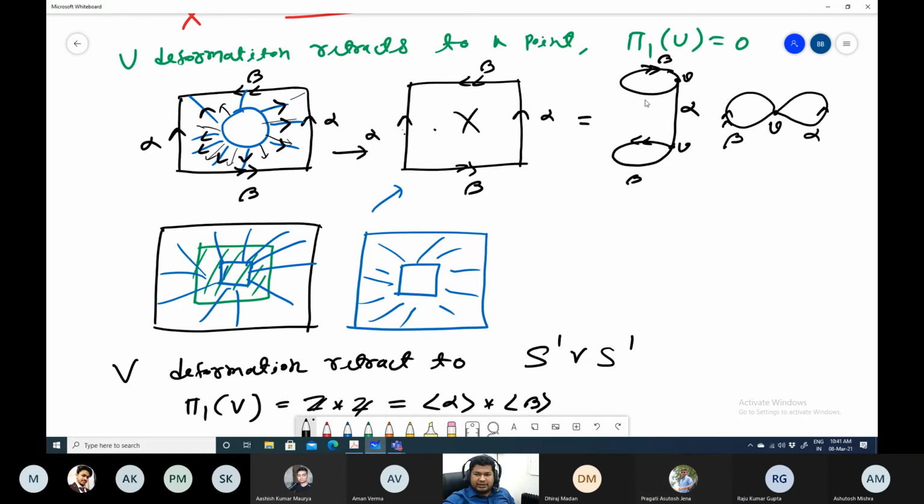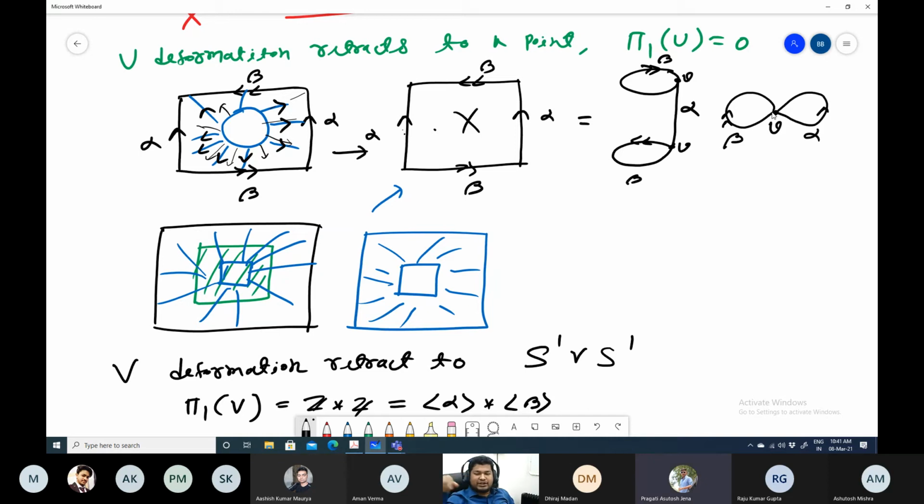Now if you identify this circle with this circle, you can see that this alpha vertex also becomes a single vertex. So alpha also forms a circle, and these 2 circles form this circle. Sir, but beta is in the opposite direction. Right, but in 2 dimensions it matters. Here it is in 1 dimension, so it does not matter now.